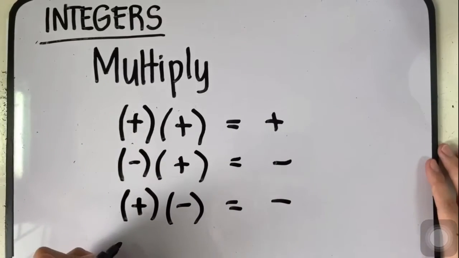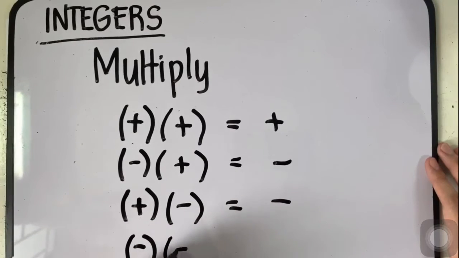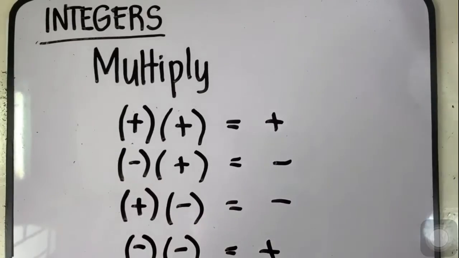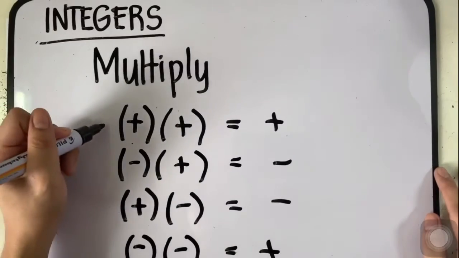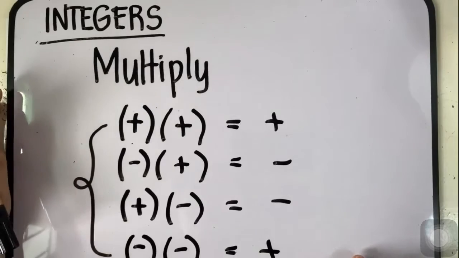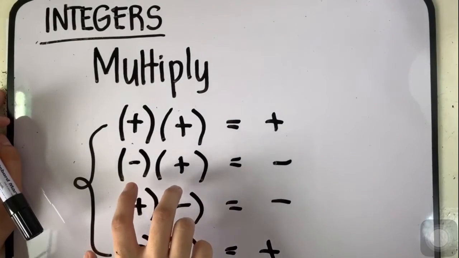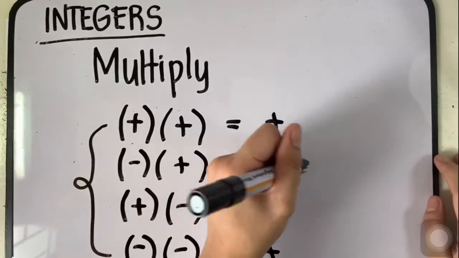And multiplying a negative number times a negative number will result in a positive number. When dealing with the same sign, our result will always be positive. And when dealing with different signs, for example negative times positive, the result will always be negative.